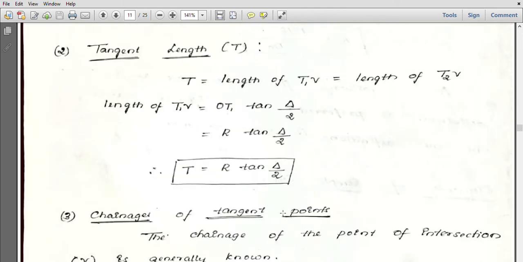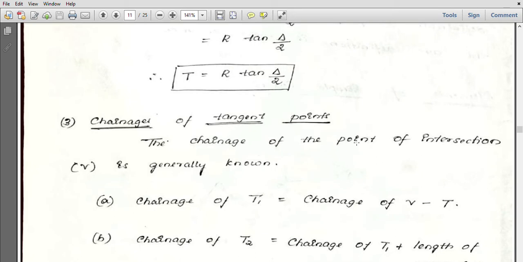The chainage of the point of intersection is generally known, because these two straights join at V. So we can find the total length from T1 to V as well as V to T2, which is the same: T1V is equal to VT2. If we know this intersection chainage, then we can calculate the chainage at the point of the curve T1 and the chainage at T2.